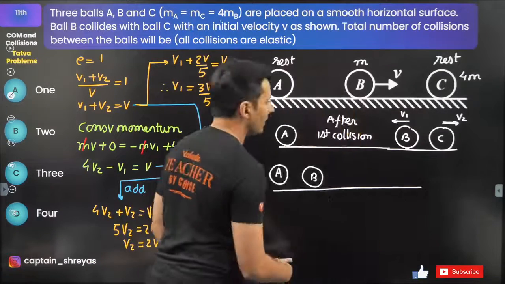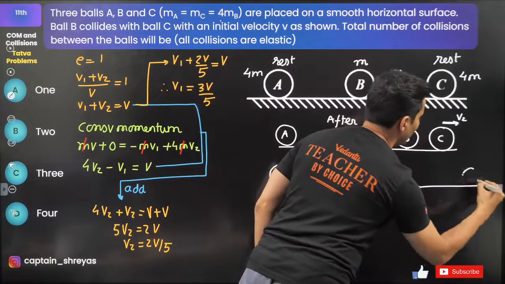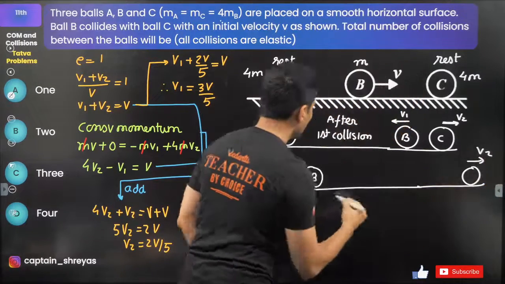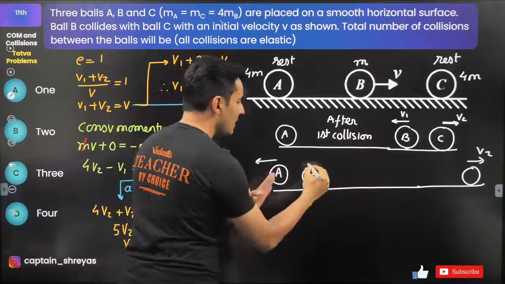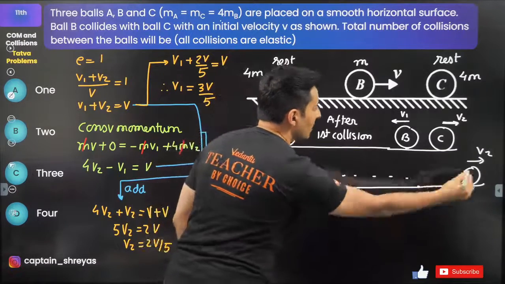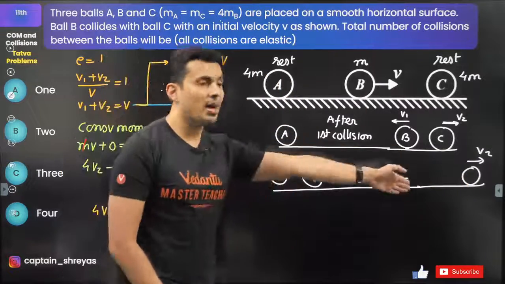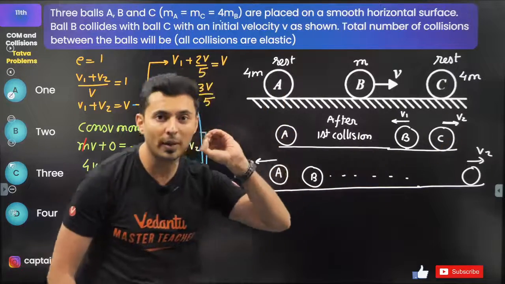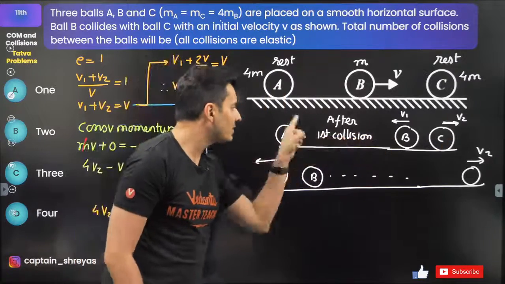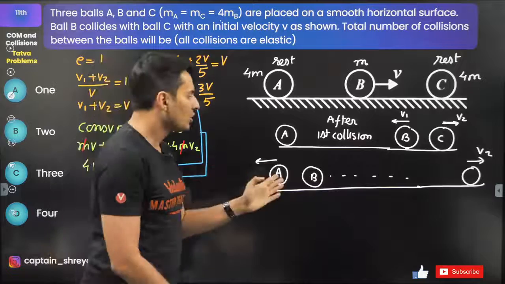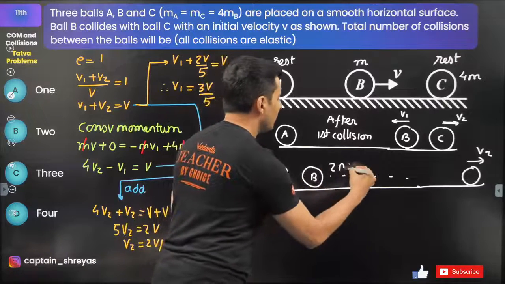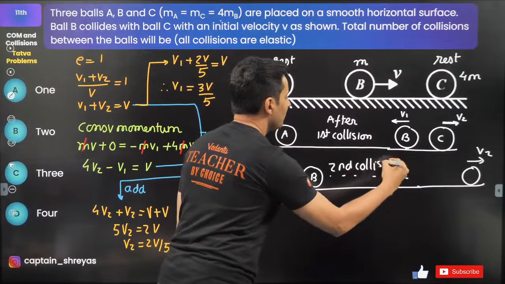This will be the second collision. C, meanwhile, would have moved ahead with that speed. No matter what happens, B can't get back a speed higher than V2, because it is going to transfer some energy to A. So this will be the second collision.